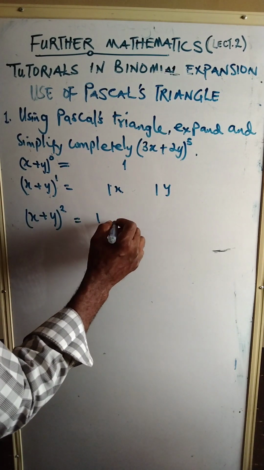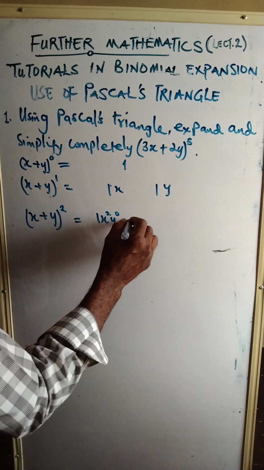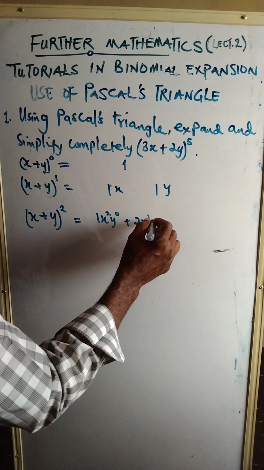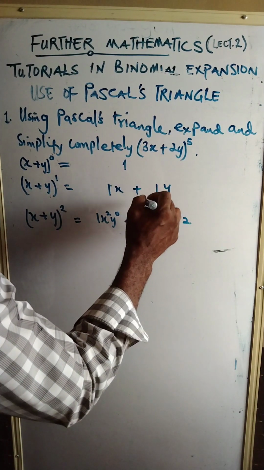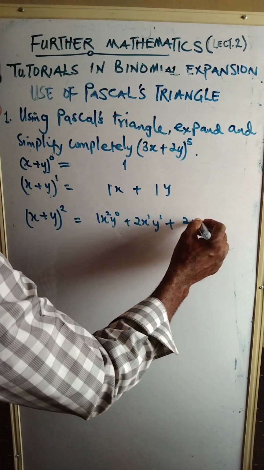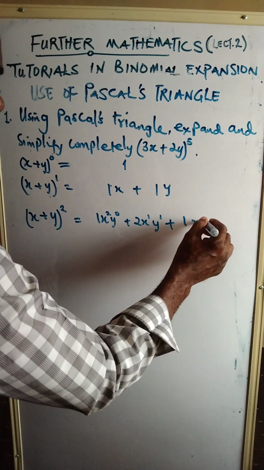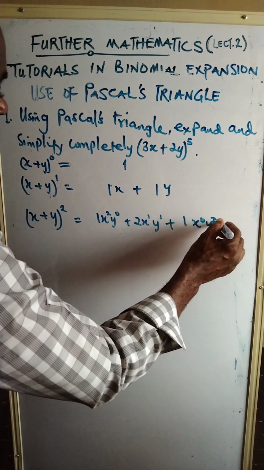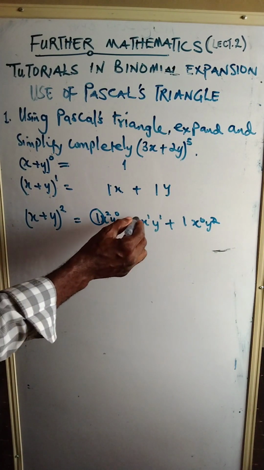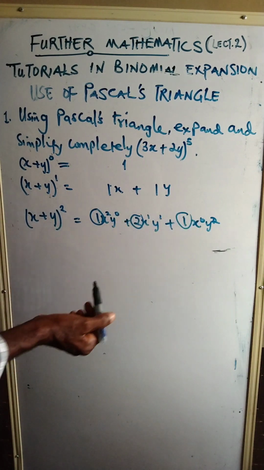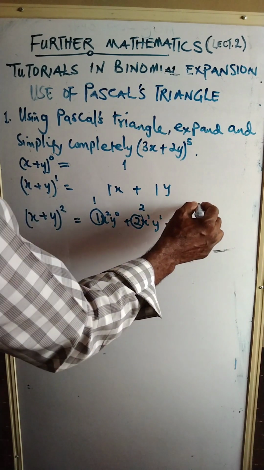For instance, you're going to have 1x squared, then y raised to power 0, plus 2x raised to power 1, then y raised to power 1, plus the next one, 1, then x raised to power 0, y raised to power 2. So in computing this, you take note of the positions of the leading coefficients, and that was why we simply wrote 1, 2, 1.